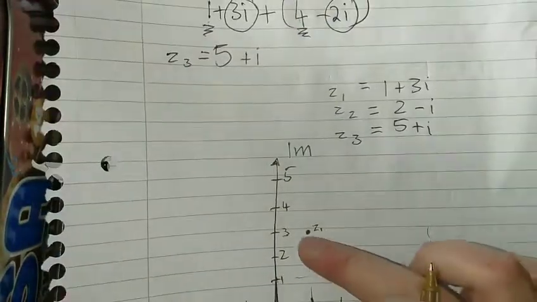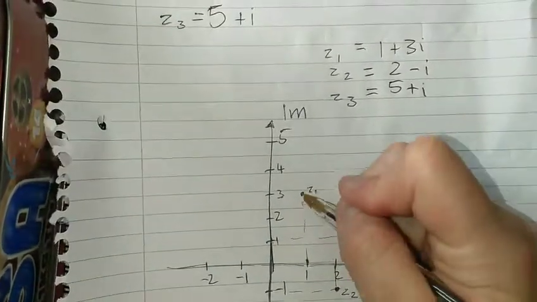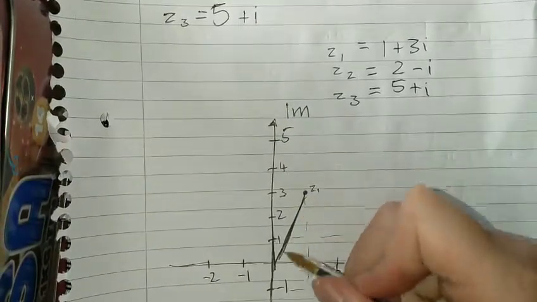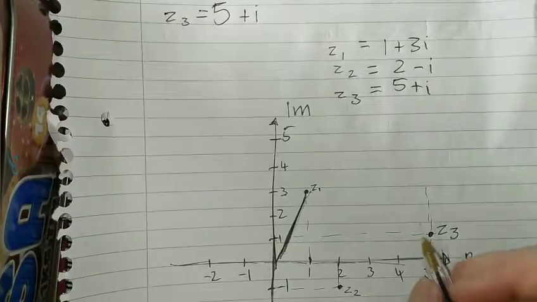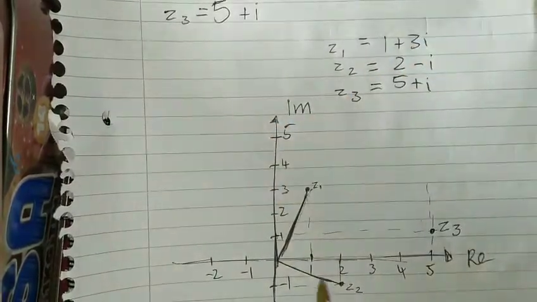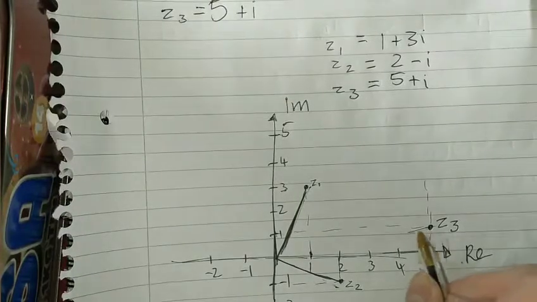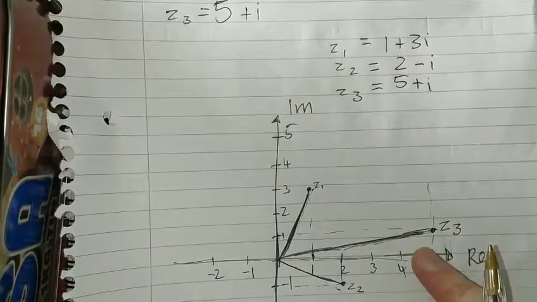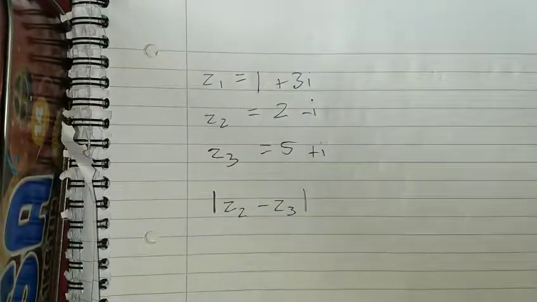So say for example, if I have Z1 here, the modulus of Z1 is this distance here, the distance that brings it to the origin. The modulus of Z2 is the distance bringing it to the origin. The modulus of Z3 is the distance linking it to the origin.